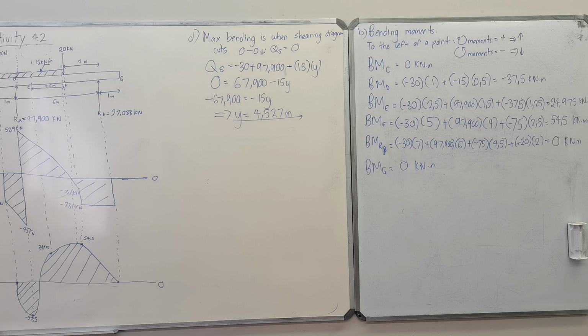In the center, half of that 4.527. So that force will act down here at 15 times 4.527, which is 67.9 kilonewtons, and its distance would be what?